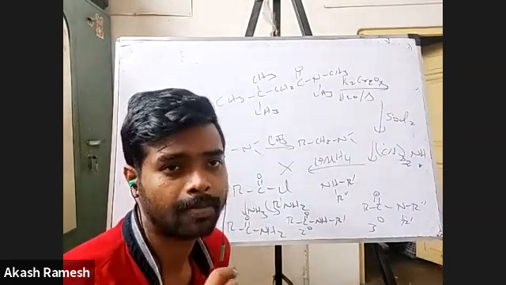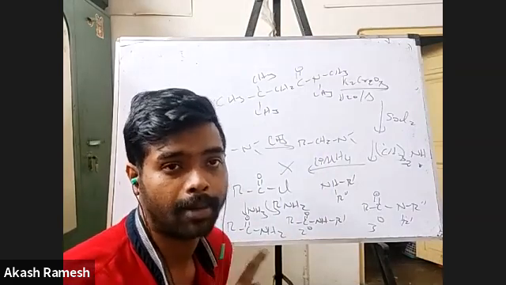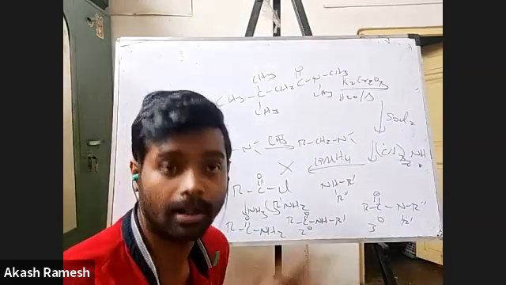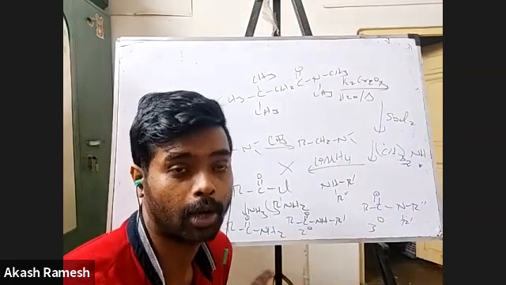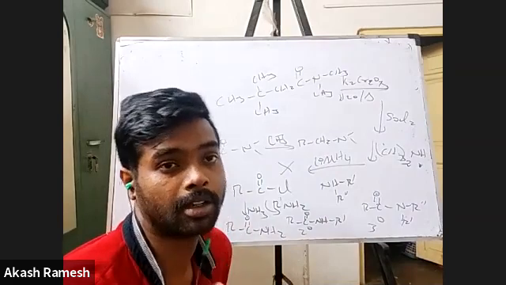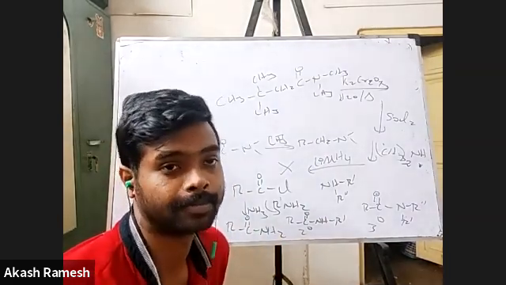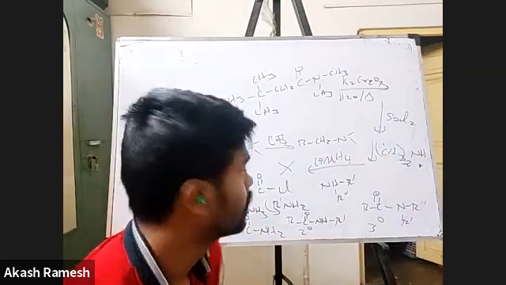Remember this. This is also one of the ways to prepare primary, secondary, or tertiary amines, depending on what amide you have. Primary amide gives primary amine, secondary amide gives secondary amine, and tertiary amide gives tertiary amine.